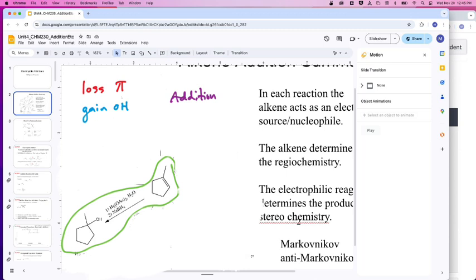Did you say it gained 2 sigma bonds? You had to gain something else. What did you gain? One sigma bond. You gained 2 sigma bonds.